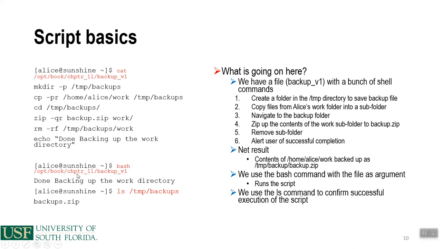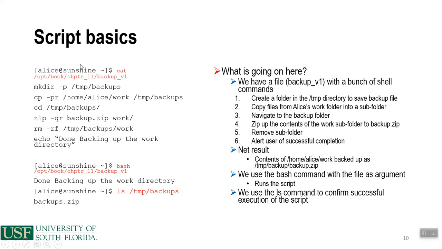You have to provide that absolute path. Then the file will execute, and all of these steps will automatically execute. You don't have to retype everything, and you will have a backup for Alice every single day. Then you can go up to the backups folder and see all of the backups accordingly, and confirm the successful execution of the script.